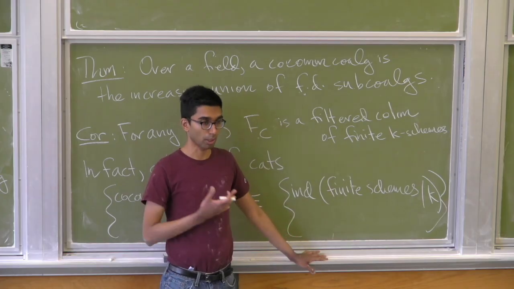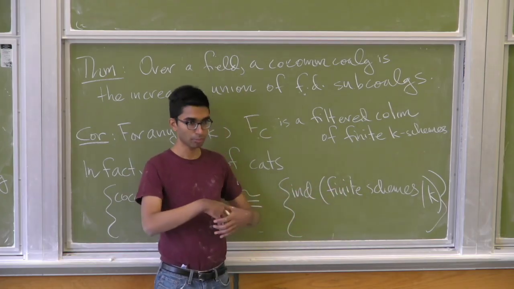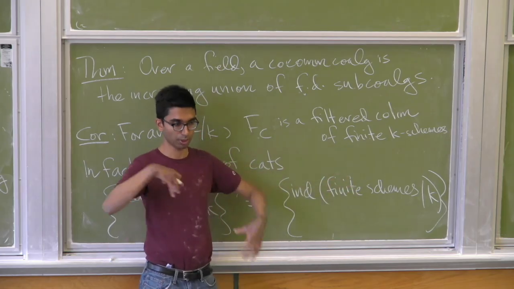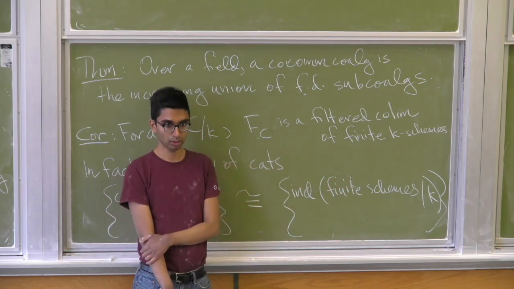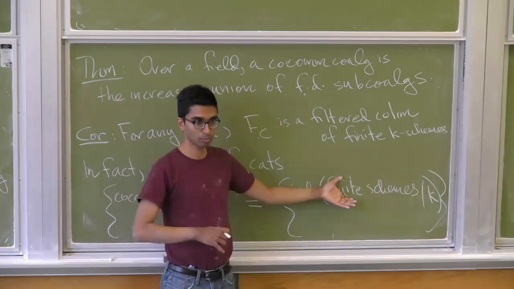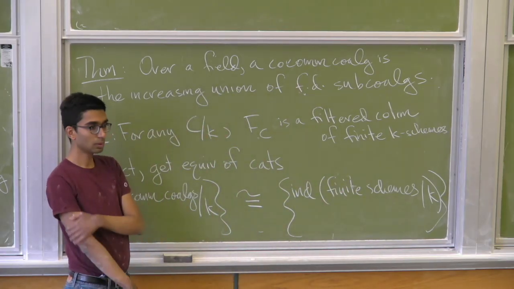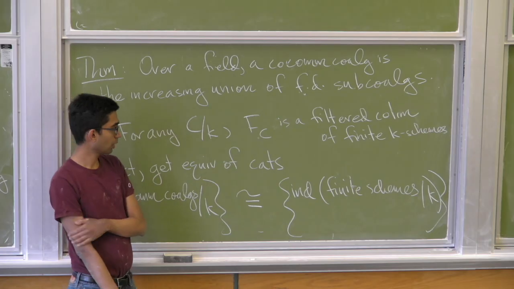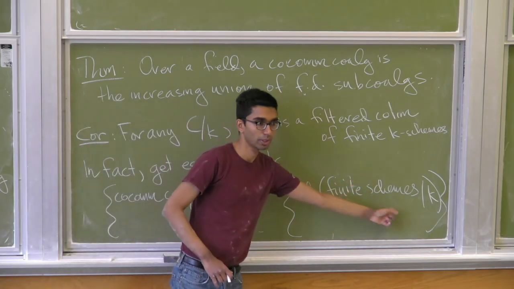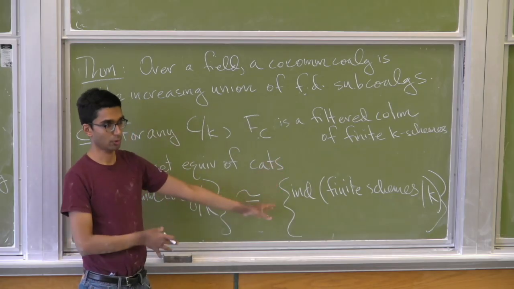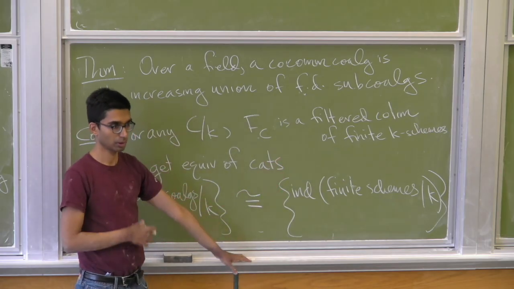But if you have an ind object, because everything is finite dimensional, you may as well assume that all the transition maps are closed embeddings. Finite affine schemes? I think finite will include affine. So finite is only affine. Yes, a finite map is always required to be affine.